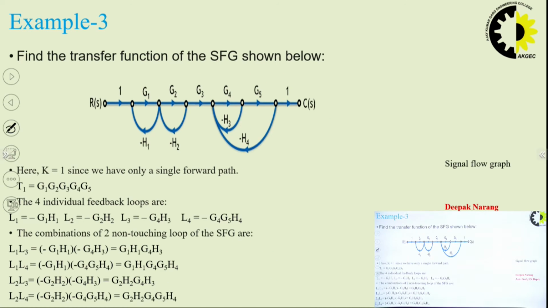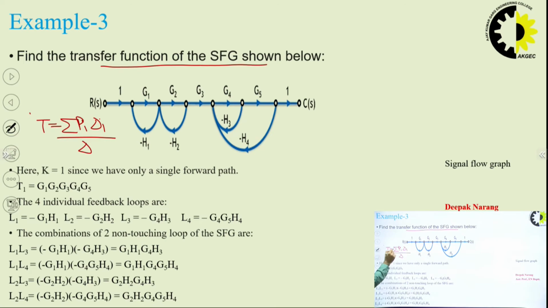So let us consider the first example to find the transfer function using this given SFG. So first, as we know, transfer function is equal to summation of Pi delta i upon delta.